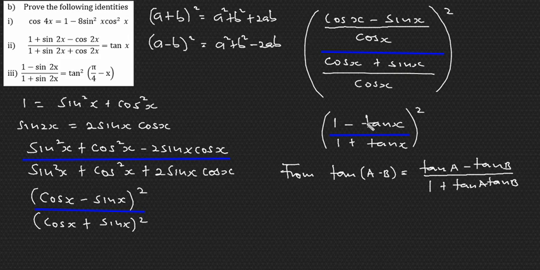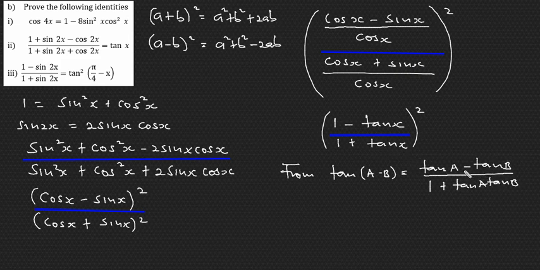Now I'm going to compare this with this. Please, I'm comparing what is in the bracket only. Leave the square around at this point. Now tan a, here we have a 1. Then minus tan b, so b can be my x. Then I have a 1, and I have a plus. And here I just have only tan a tan b, but here I have tan x only.